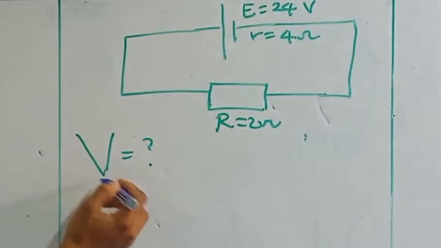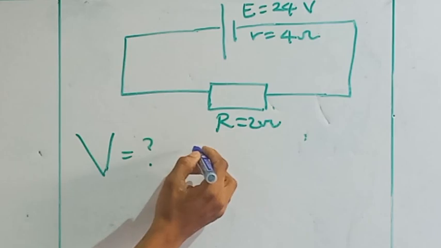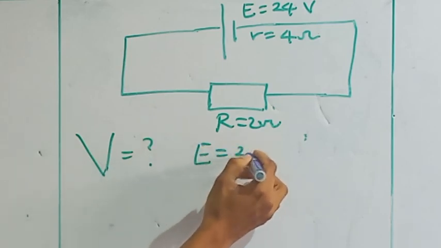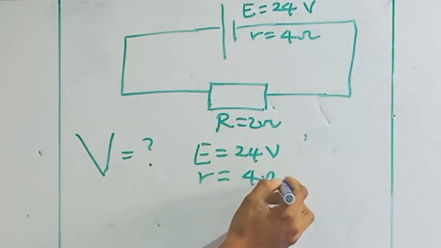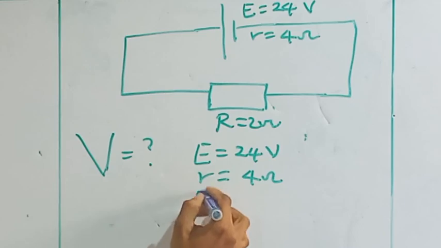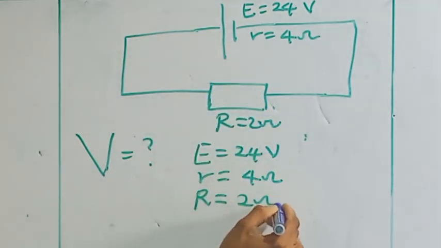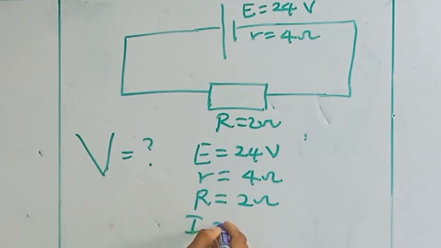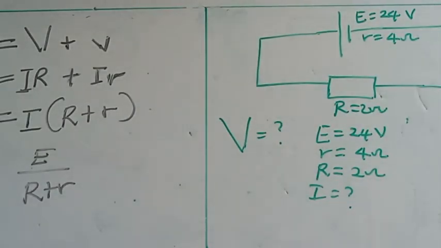Remember that from this we have E is 24 volts, r is 4 ohms, and the external resistor is 2 ohms. We don't have the current, so let's first calculate the current using this formula.